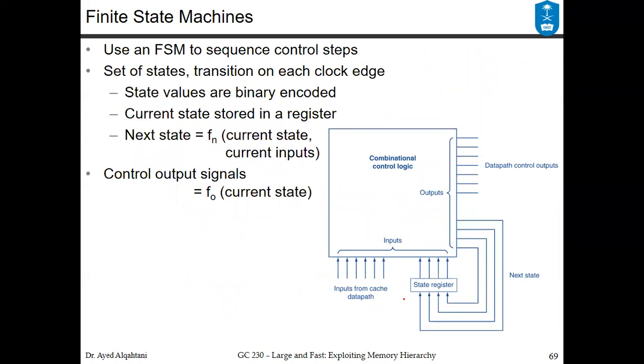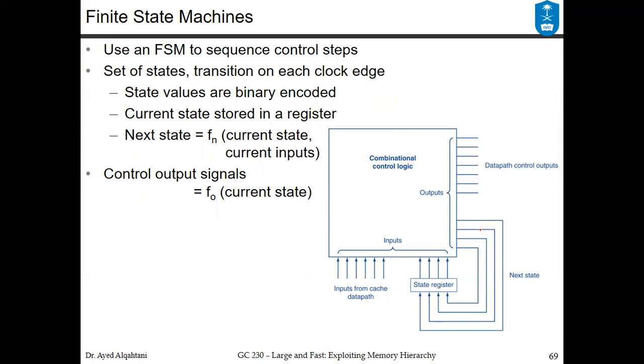As a quick introduction, even though we've taken this in the revision, we are saying this again: you use the finite state machine to sequence the control steps. As you can see here, you have the combinational logic. From the cache point of view, you will get the inputs from the cache data path, and the outputs will be going to the data path control outputs.